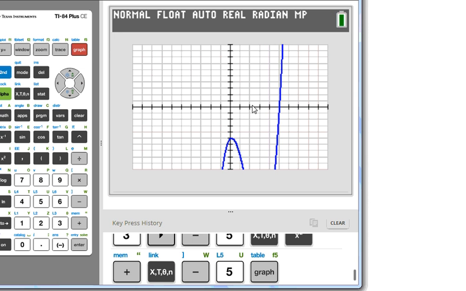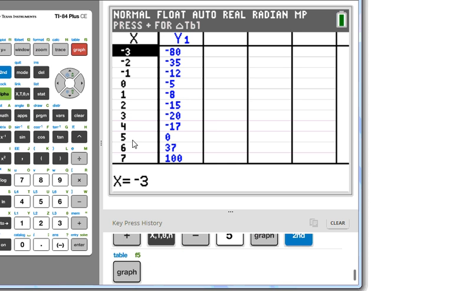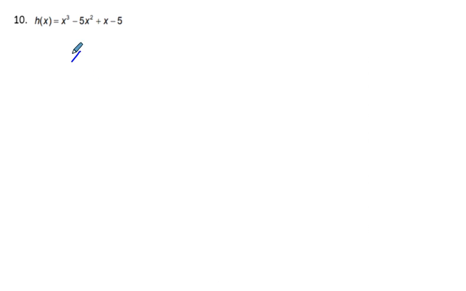So x equals 5 is our 0. You can see x equals 5, 0. X is equal to 5. And we cross the x-axis, so our multiplicity is equal to 1. This would be our answer number 10.